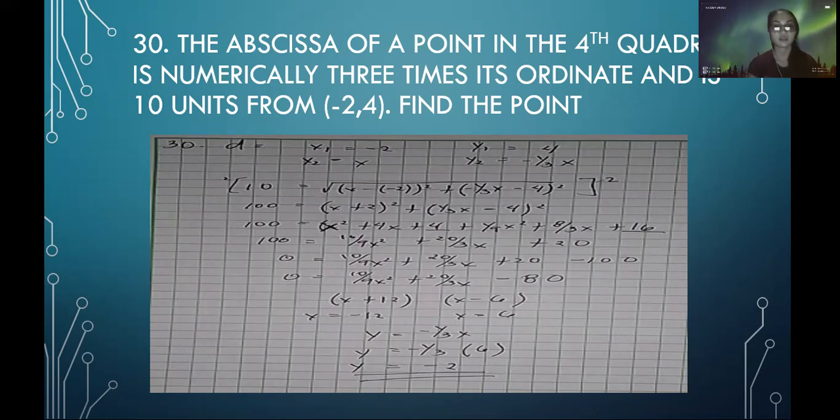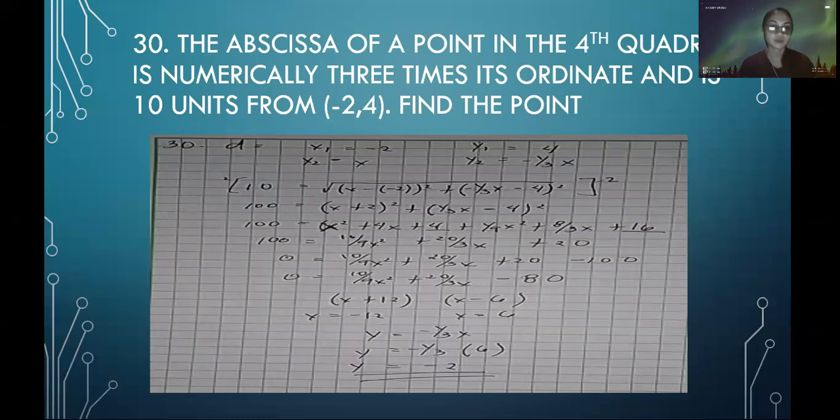So 100 is equal to x squared plus 4x plus 4 plus 1/9 x squared plus 8 over 3 x plus 16. So 100 is equal to 10 over 9 x squared plus 20 over 3 x plus 20.